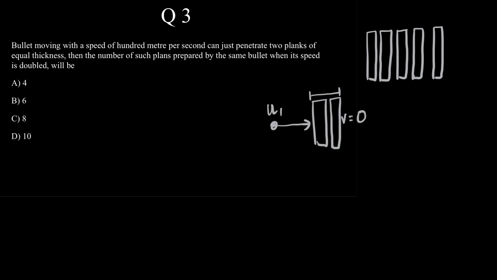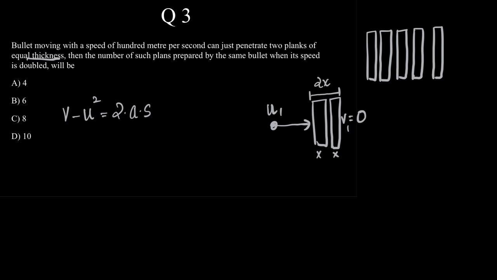Let me use u1 and v1, as we have 2 cases to understand. Now it is given that the planks have equal thickness. So if this is x, this thickness is also x, which means the complete distance traveled here is 2x. Now if you write the equation of motion, we have v square minus u square is equal to 2as.